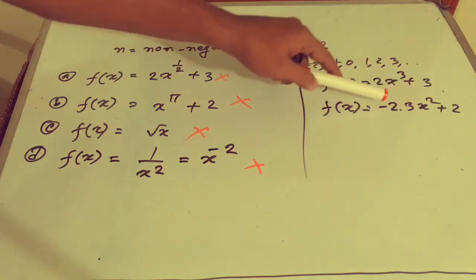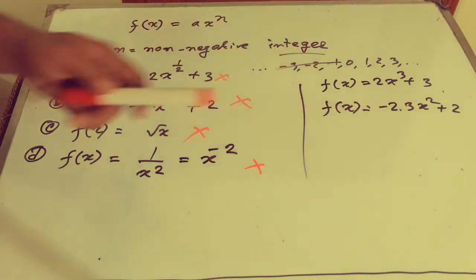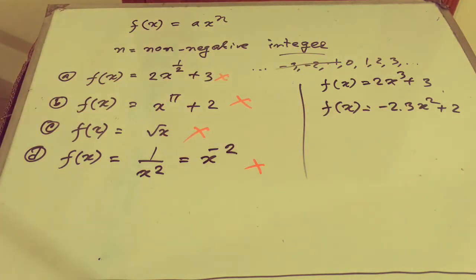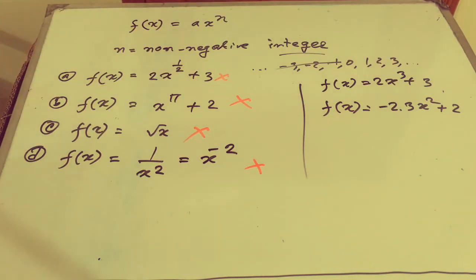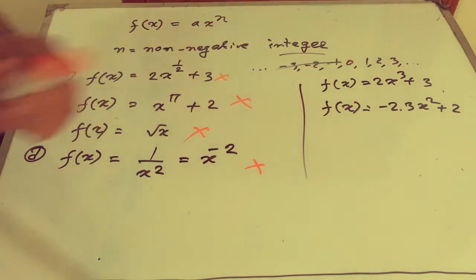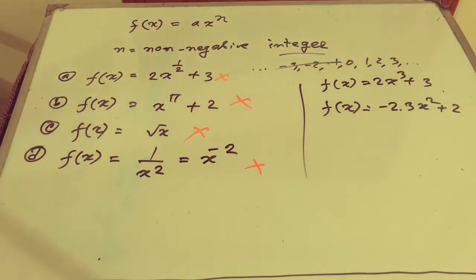You see there is a decimal number in front of this. This 2.3 is the value of a, so we have no problem with that. So this is allowed. We can take it, but the other values are not allowed.